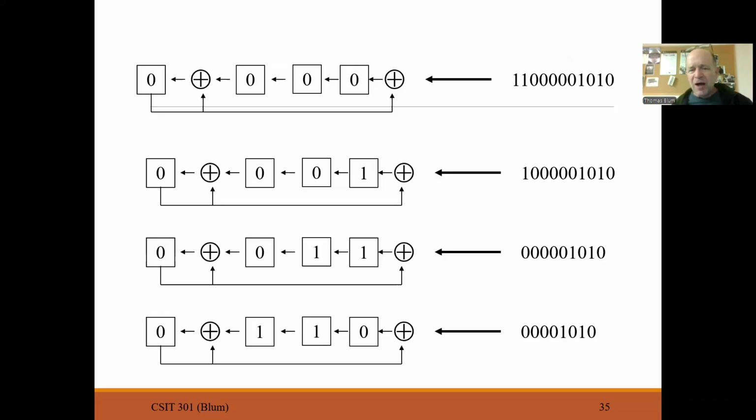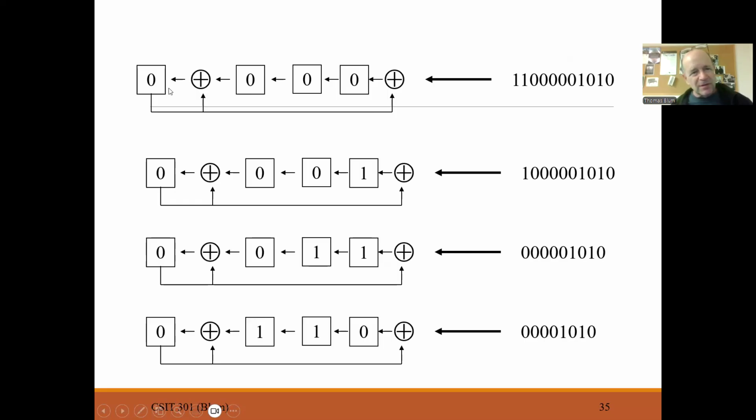And so that one comes in and it's excluded OR with a zero. So this one here is going to be excluded OR with this zero to produce this one. And this zero just about to be shifted out is excluded OR with this zero to give me this zero.